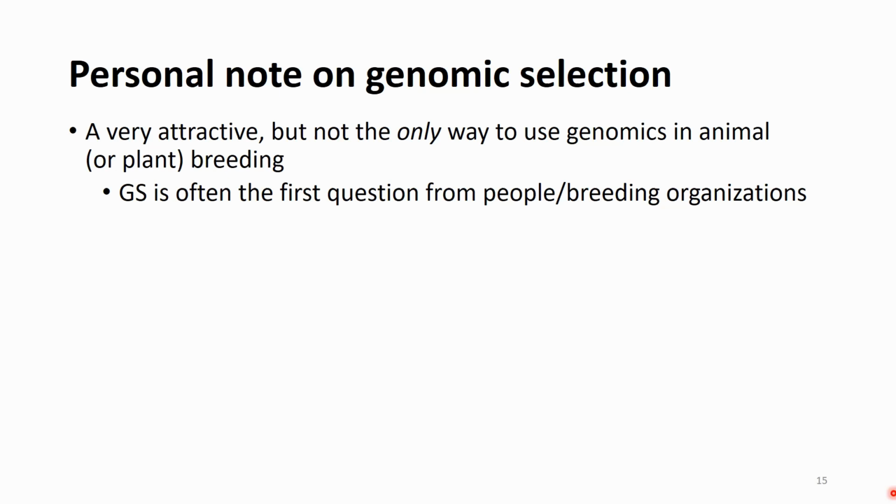Here, I would like to highlight that from my personal perspective, the genomic selection is certainly a very attractive and very useful method, but certainly not the only way how to use genomics in animal breeding or plant breeding for that matter. As I mentioned, genomic selection happens to be often among the first questions from breeding organizations, but I feel rushing to it might be a mistake.